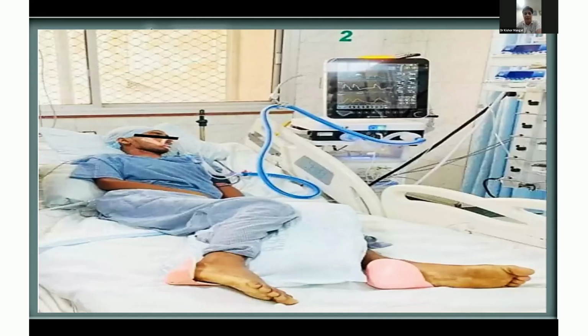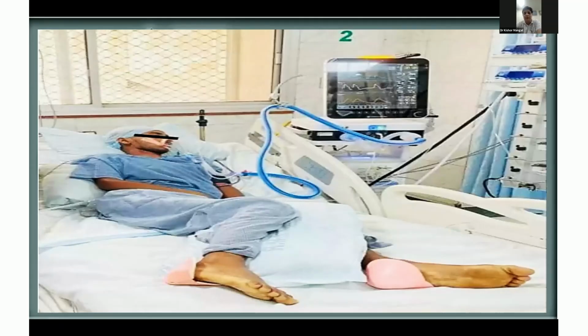If we do this every 2 hourly, like a wheel of care, the chances of bed sore or pressure injury become very, very less.